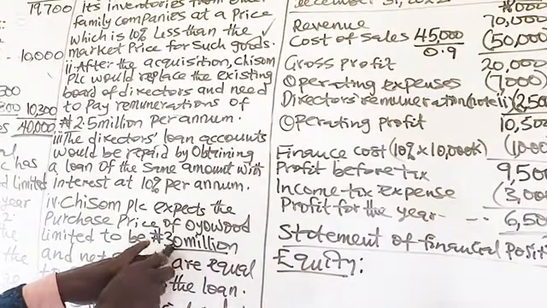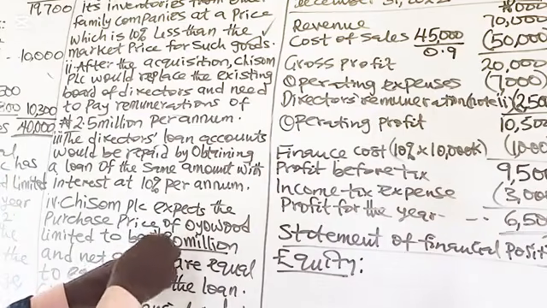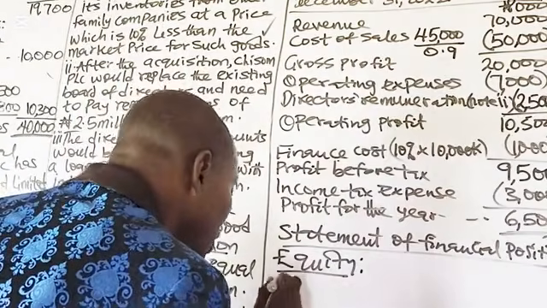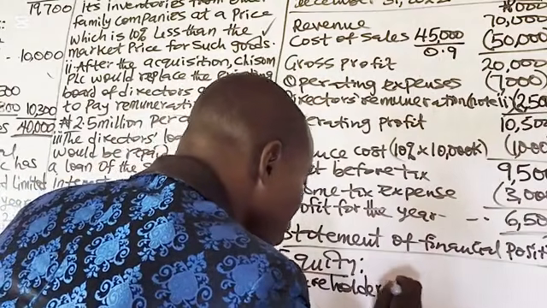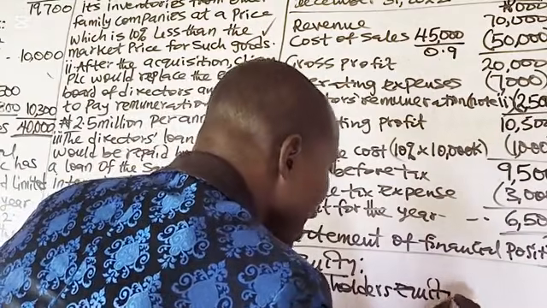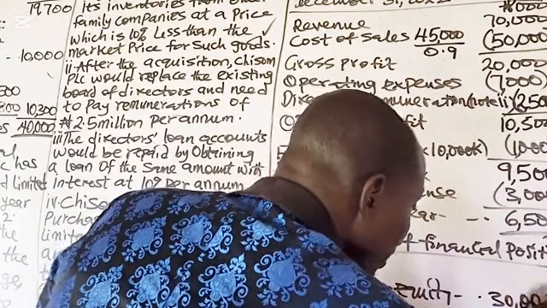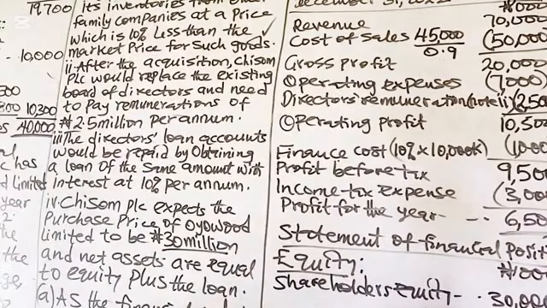That means the net assets, your equity, will still be 30 million. So the shareholders' equity is 30 million.